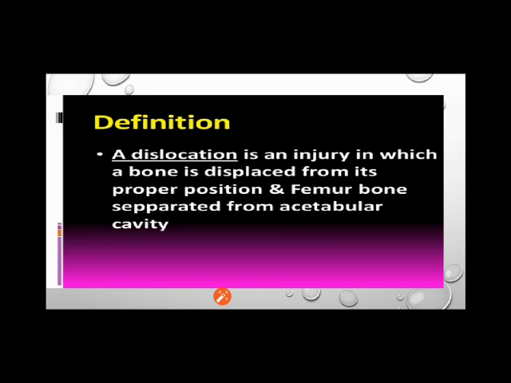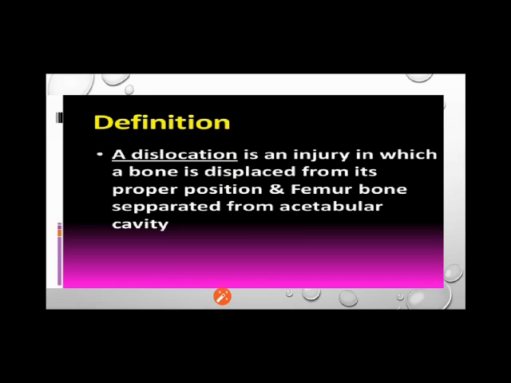Okay, next is subluxation. This is an incomplete dislocation of the hip, we can say. Here the femur head remains in the acetabular cavity, but the ligaments will be stretched.